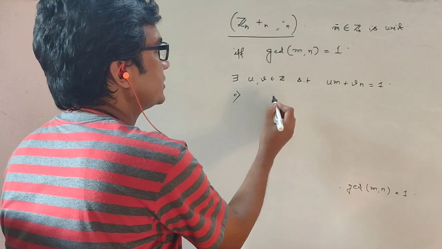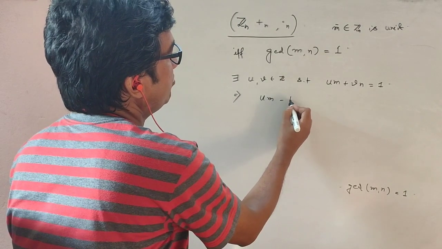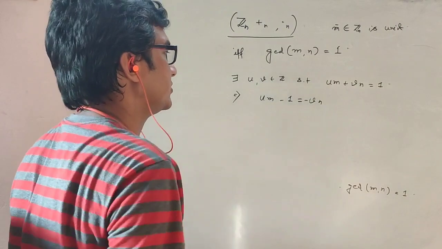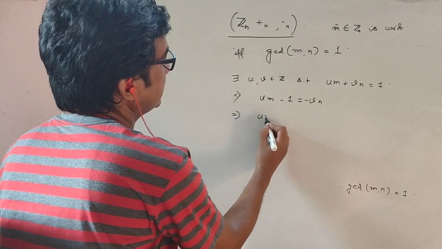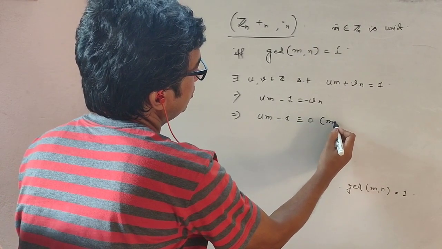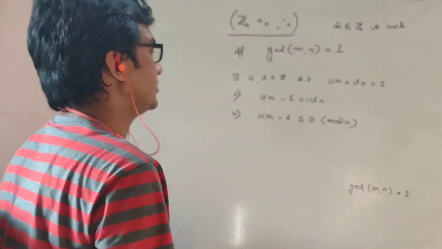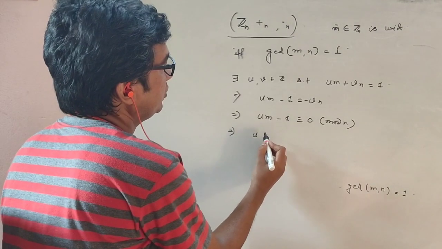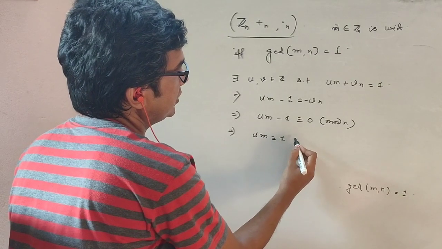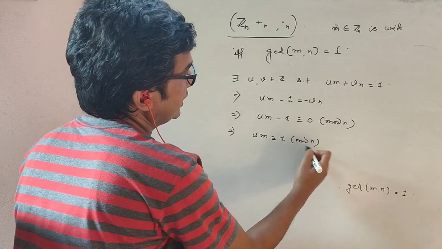That is um minus 1 equal to minus vn. That is um minus 1 congruent to 0 mod n. That is um congruent to 1 mod n.